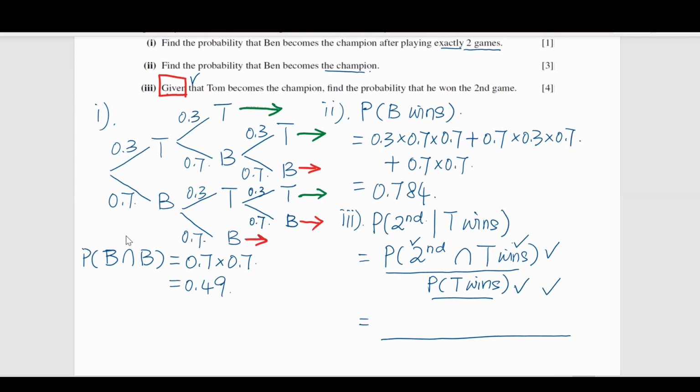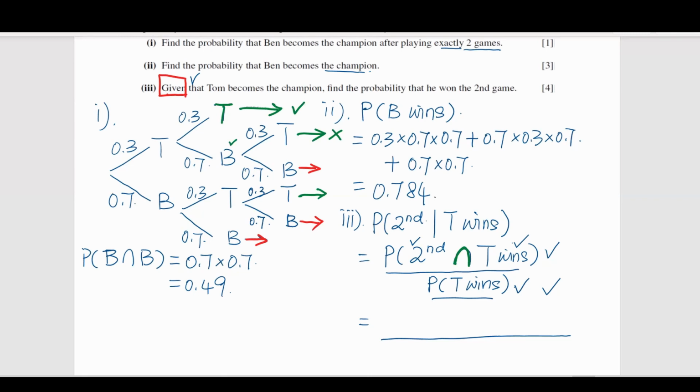But if we are trying to understand the events in the numerator, not only must Tom win, at the same time, intersecting, Tom must win the second game. So we can see that in this one, the second game, Tom wins. So this is an outcome that satisfies the numerator, the intersection of the 2 events. But the second one does not, because the second game is not won by Tom.